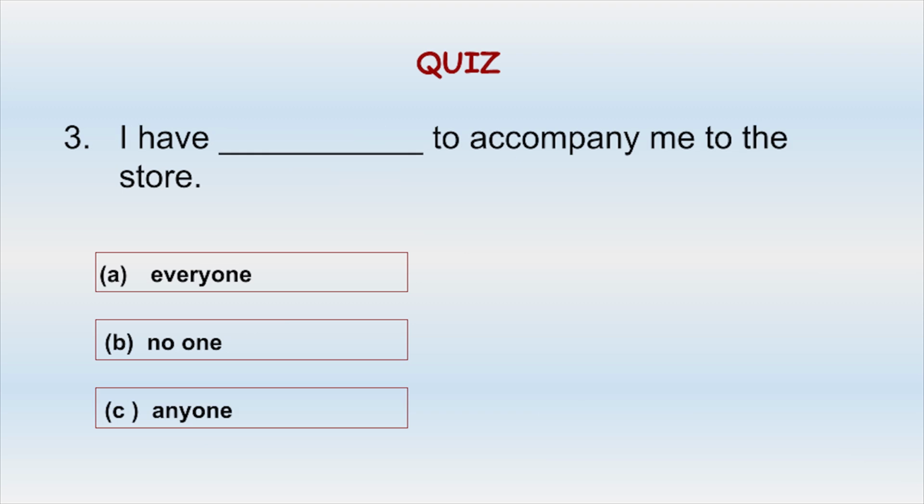Number 3. I have blank to accompany me to the store. Is it everyone, no one, or anyone? Our answer is no one. It means not a single person is available to accompany me to the store.